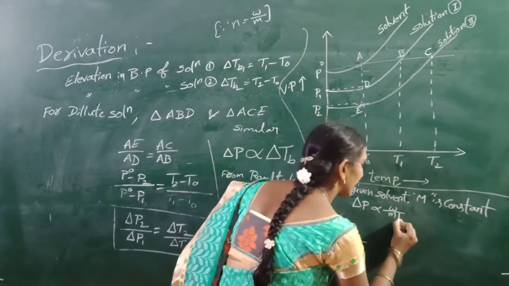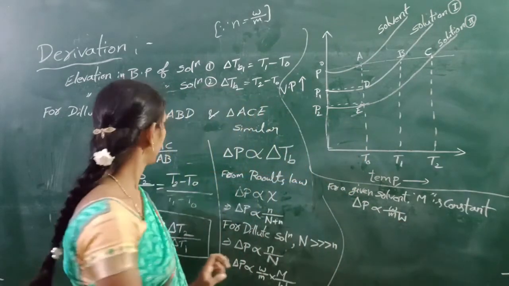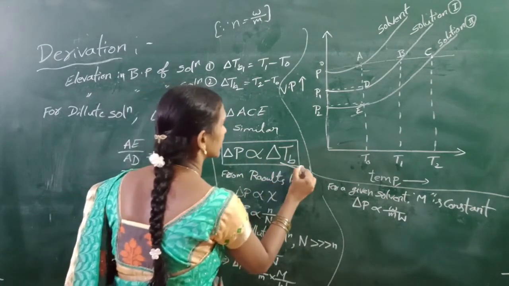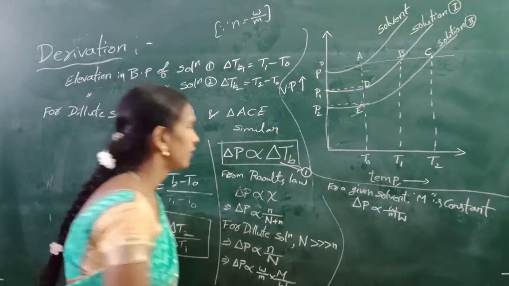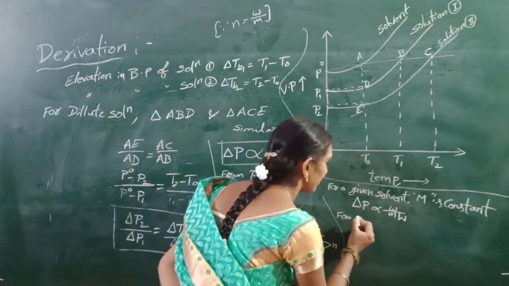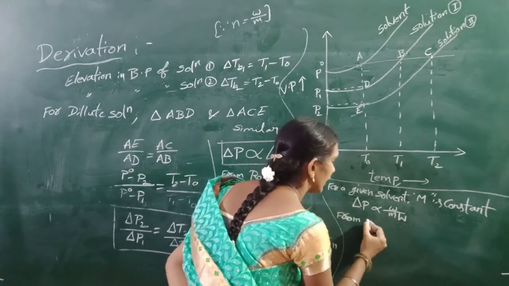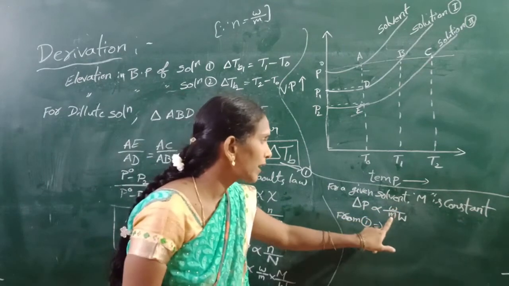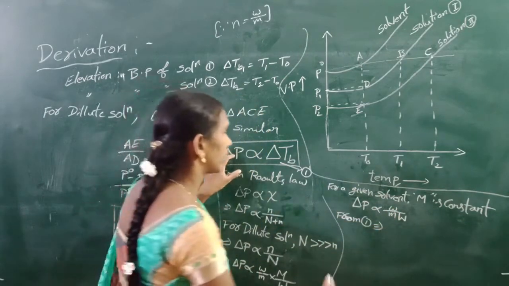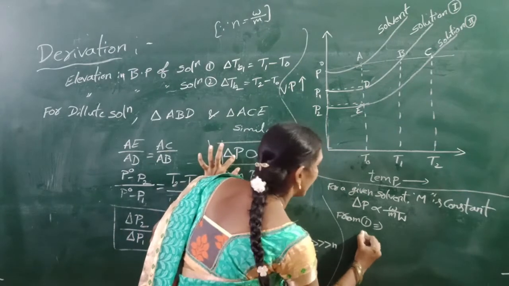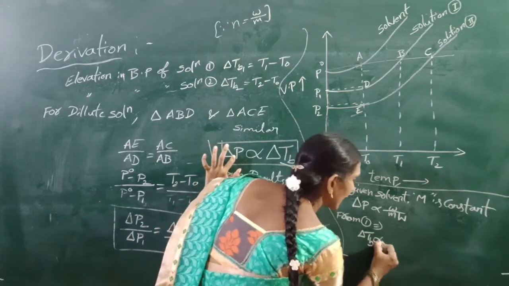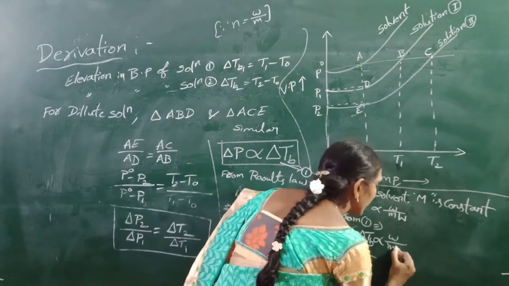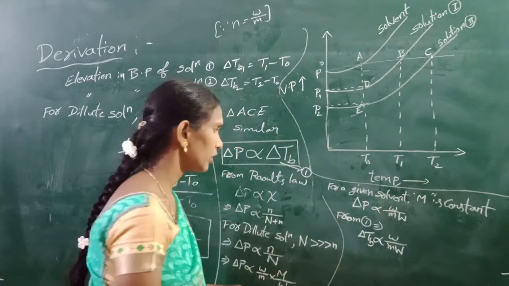This is equation 1. From equation 1, delta P means small w by small m into capital W, so delta TB is directly proportional to small w by small m into capital W.